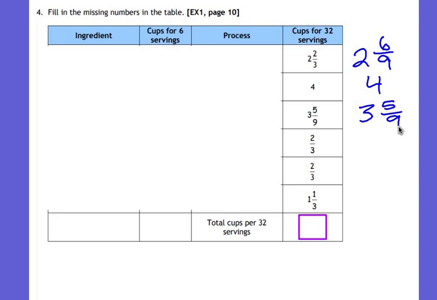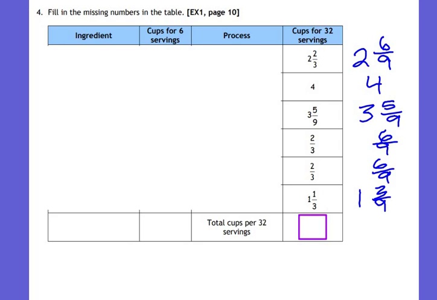So 2 times 3 gives me 6. Same thing for this one. 3 times what gives me 9? 3. So 1 times 3 gives me 3.